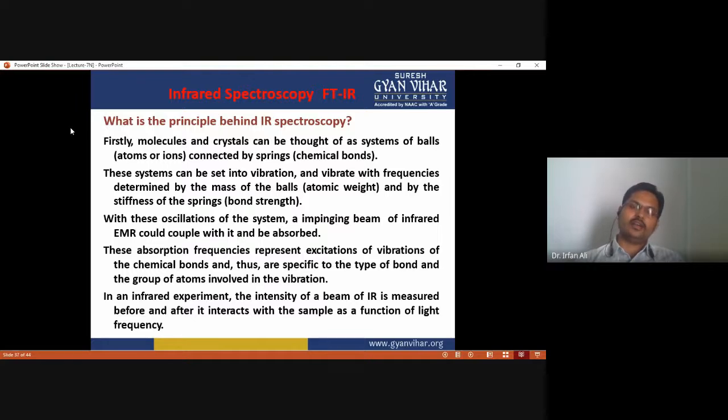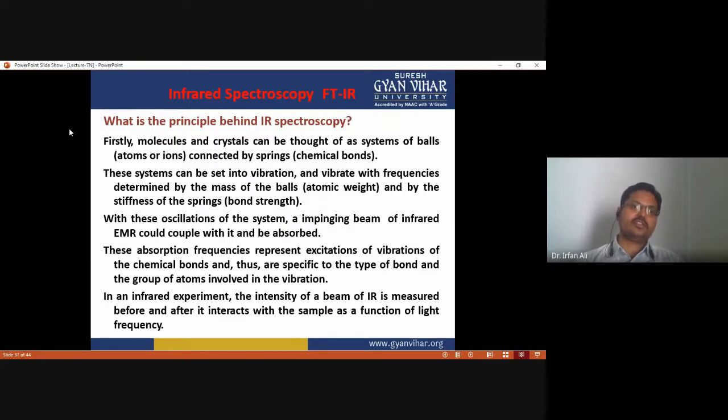So that's why we need to understand the principle behind infrared spectroscopy. Any molecule or crystal can be thought of as a system of bonds, made up of atoms or ions connected by chemical bonds. These systems are set into vibration on exposure to infrared electromagnetic radiation, and vibrate with a certain frequency according to their mass or atomic weight and their bond strength.